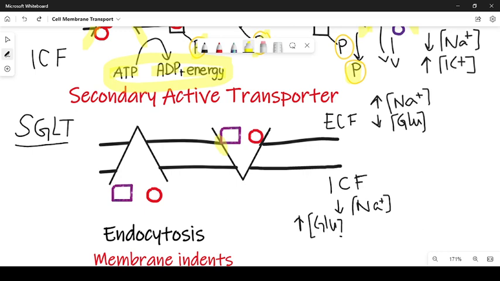And since the sodium ion wants to go in the cell so badly, the carrier protein changes its conformation and releases the sodium ion into the intracellular space, while also releasing the glucose into the intracellular space. So what kind of energy does the secondary active transporter use? It uses the potential energy stored by the concentration gradient of sodium.